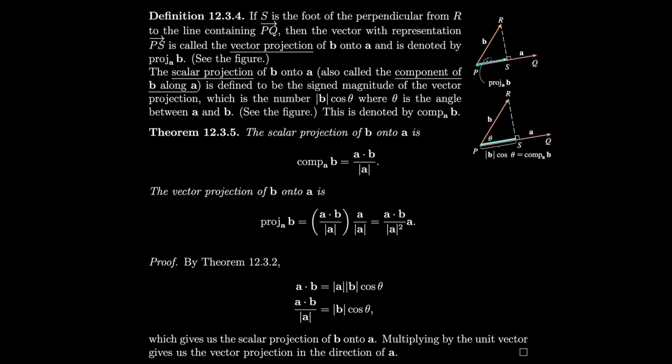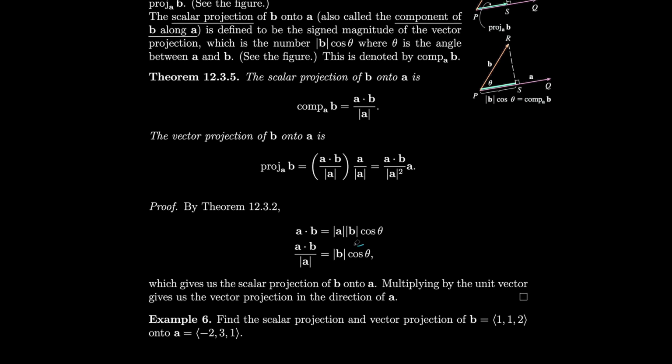So imagine that we have this unit vector in the same direction as A. So we take A, we shrink it down or make it bigger depending on how big A is until it's a unit vector, and then we scale that unit vector until it ends up being however long we want it to be, matching with the length of the scalar projection, the component. So once we know what the length of the projection is, it's very easy to get to the vector projection just by multiplying by the unit vector. So we just multiply by this guy, and then you can see that this just becomes a square, so that's how we get this.